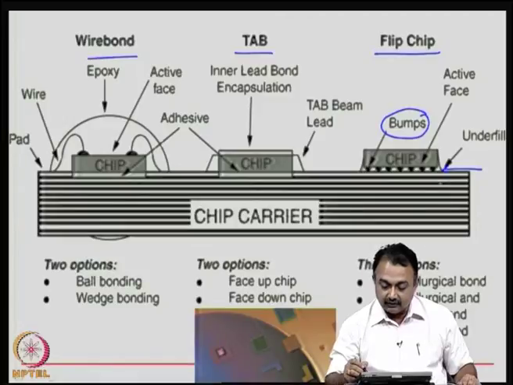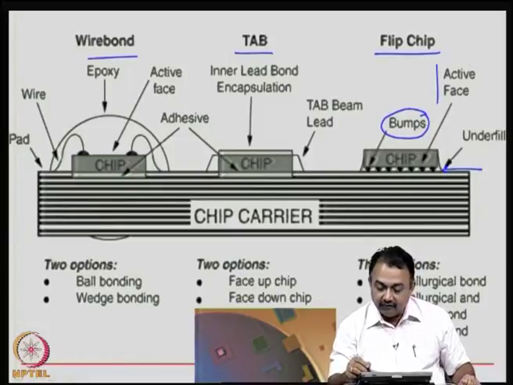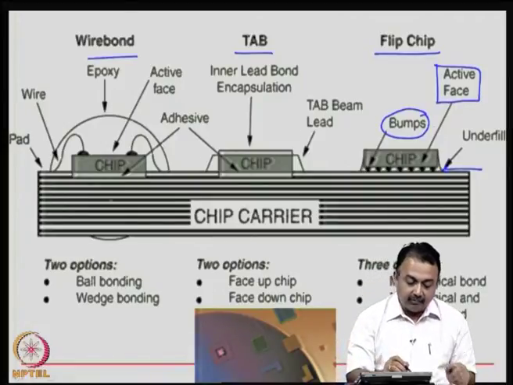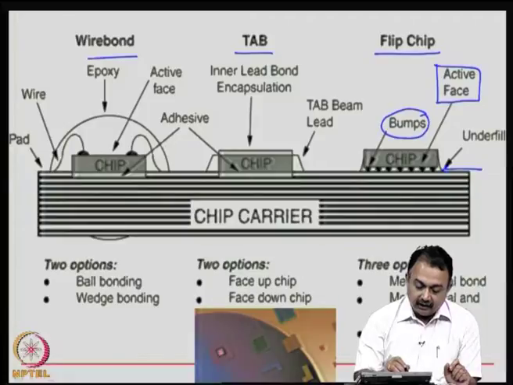So, these are known as direct chip attach method or a flip chip methodology. So, you can see in flip chip the active phase is down. Now, in the wire bond method the active phase is on top, the wire bonding is done here like this.